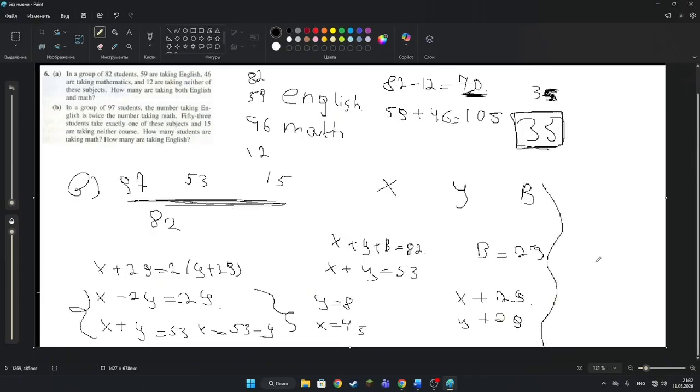So we have 8 plus 29, the students who are learning math, and x plus 45 plus 29, which is 74, who are learning English. So it's twice as many, and yes, this is the answer.